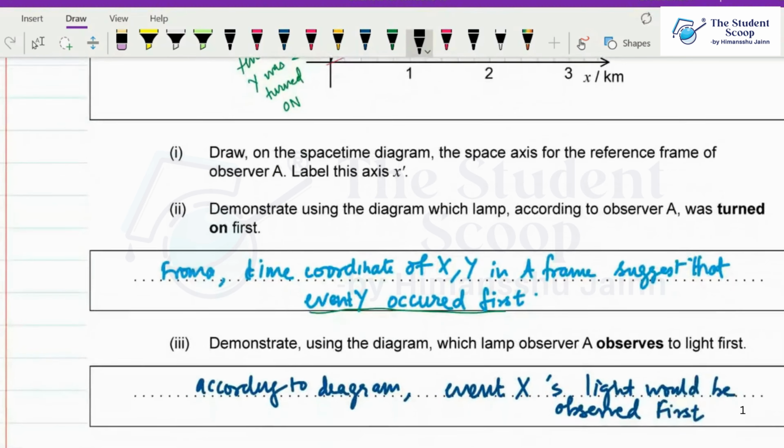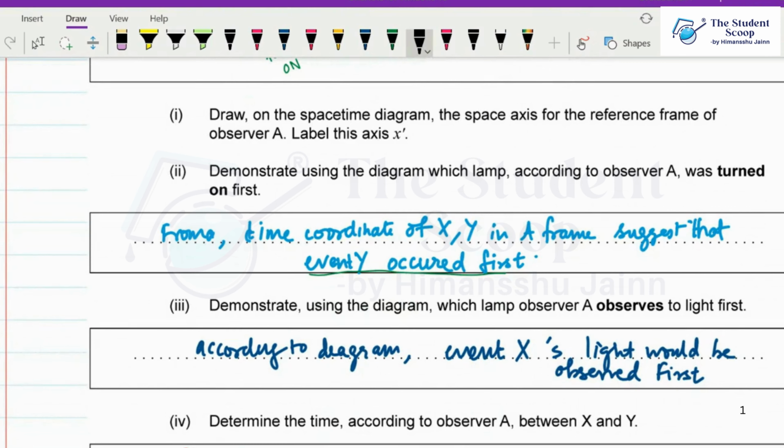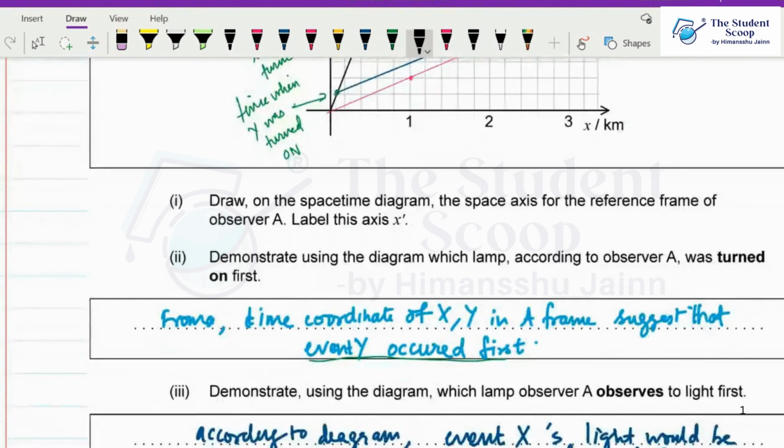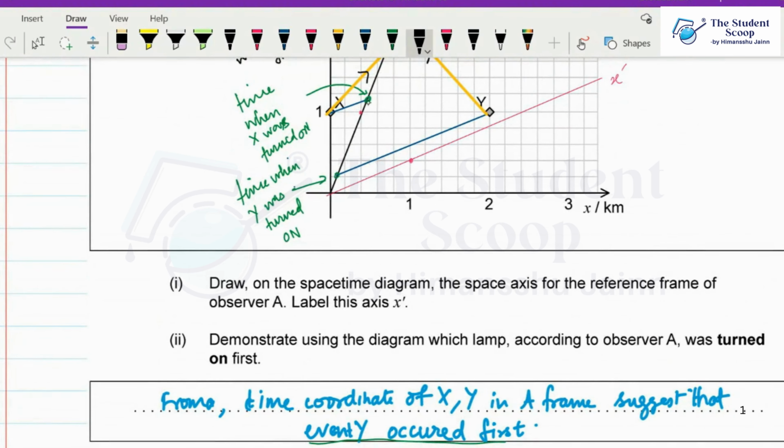Now what else have they given? Determine the time according to observer A between X and Y. So between X and Y, the time difference is basically this much, correct? Now for this time difference, the grid is not detailed enough to get it.